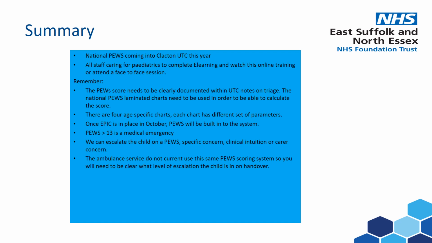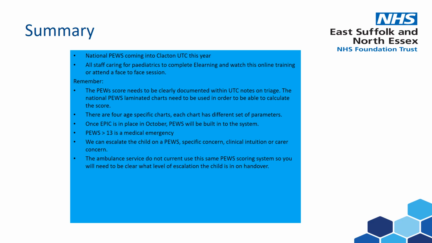Once EPIC is in place in October, PEWS will be built into the system, so you will use National PEWS on EPIC. Any child that has a PEWS of more than 13, this is a medical emergency and 999 needs to be called for these children.